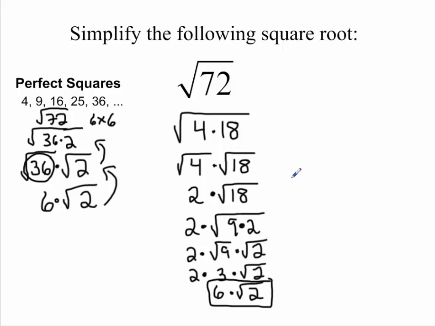So to make the process a little bit easier in the beginning, when you're trying to simplify, look at your list of perfect squares and see if you can find the biggest perfect square that is a factor of the radicand that you're working with. Once you find the biggest one, then you won't have to repeat this process.